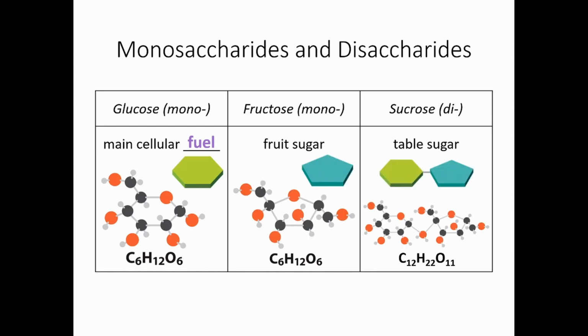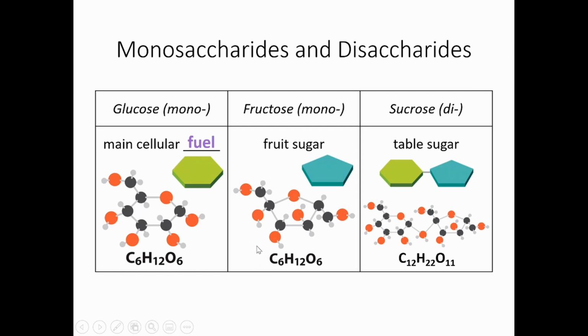So this is what those look like. We're not going to worry so much about the ball and stick models, but we'll use these instead. Glucose is pretty small, 6 carbons, that's it, all found in a ring with various hydrogens and oxygens hanging off of them.